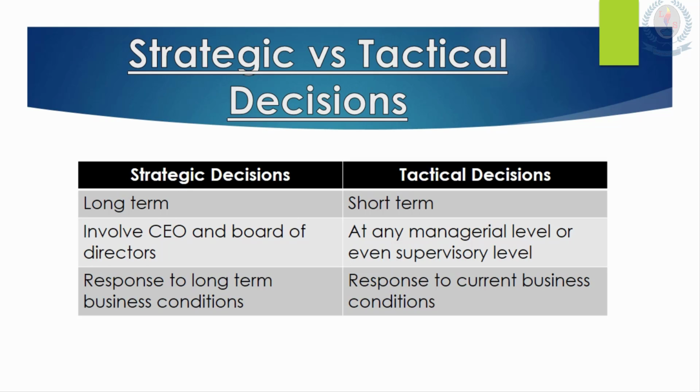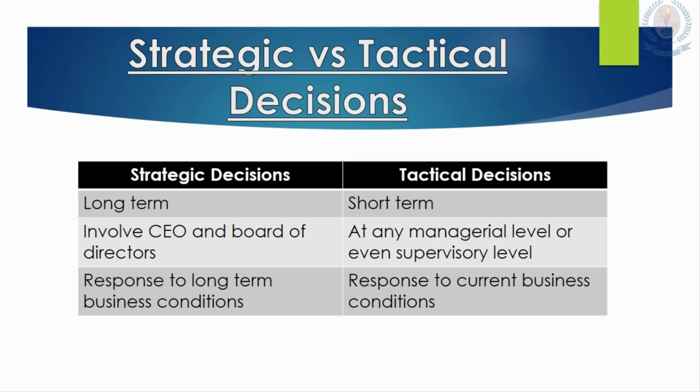When creating strategic decisions, most of the time the top management is involved in that task, most of the time the CEO and the board of directors. But when we consider tactical decisions, each and every managerial level, or even sometimes supervisory level, the middle management and the frontline management, are involved in that task.